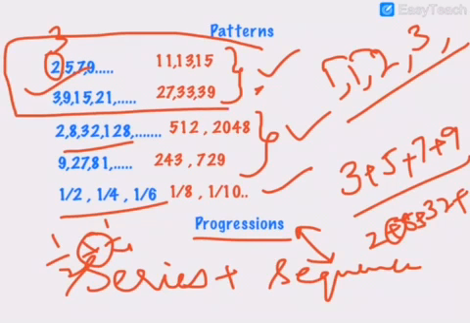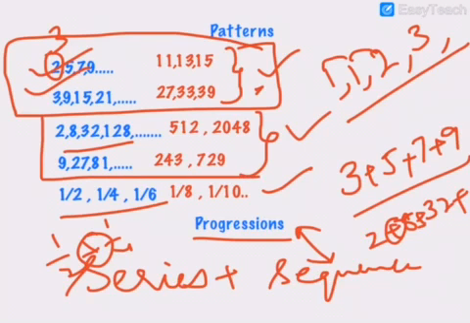In the class 10th, we are dealing with only the first two types, that is, we get the next term by adding a fixed number. Like in our first example we added 2, and in the second example we added 6. If you keep on adding one particular number and keep getting the next term, that kind of progression we call an arithmetic progression.